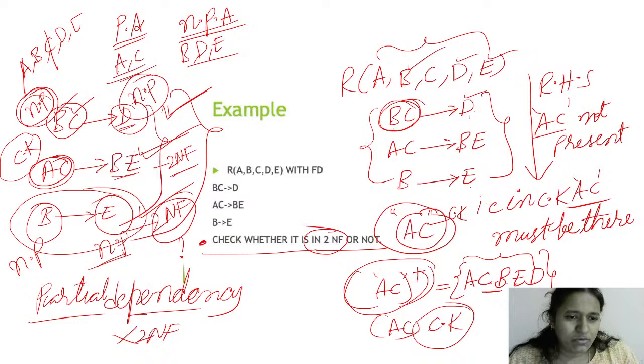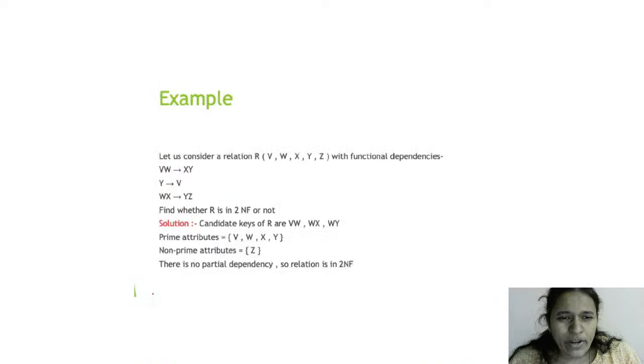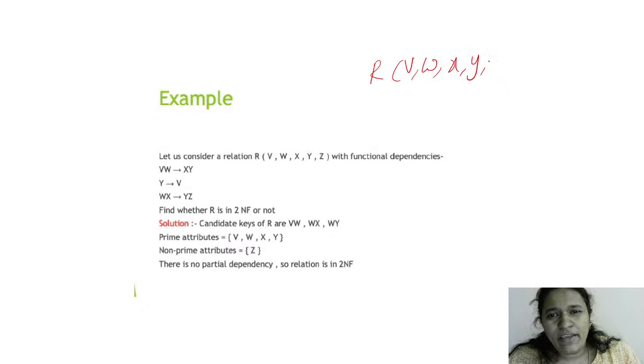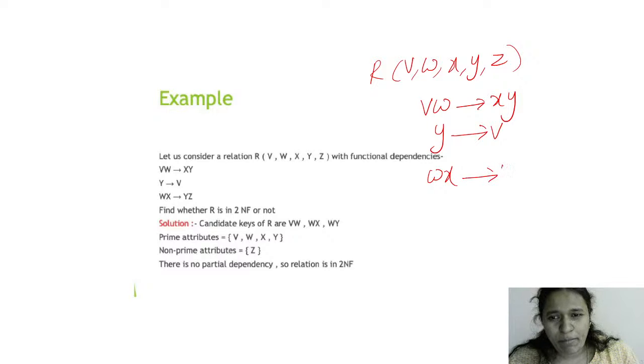Next we will see one more example here. The given relation is VWXYZ. What are the functional dependencies? VW determines XY, Y determines V, WX determines YZ. Please try to solve with me.